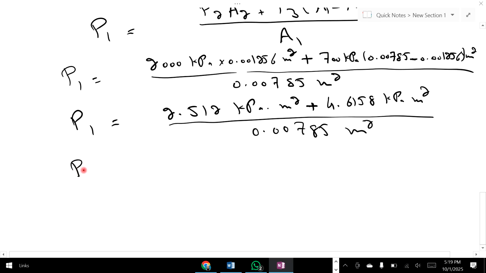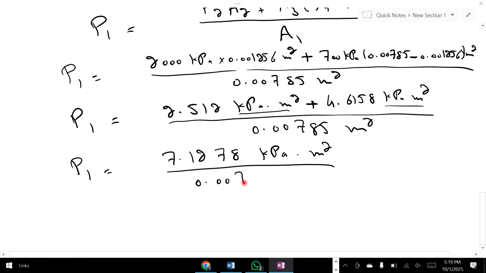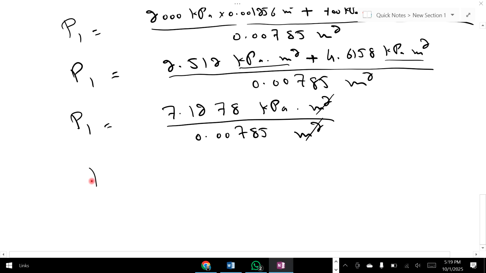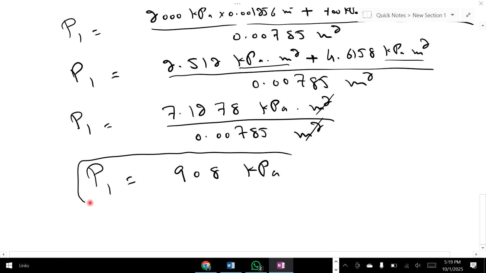Both terms have the same unit, so we can add them: 2.512 plus 4.6158 is equal to 7.1278 kilopascal square meter divided by 0.00785 square meter. The square meter cancels, and this division is equal to 908 kilopascal. So the pressure in chamber 1 is 908 kilopascal.